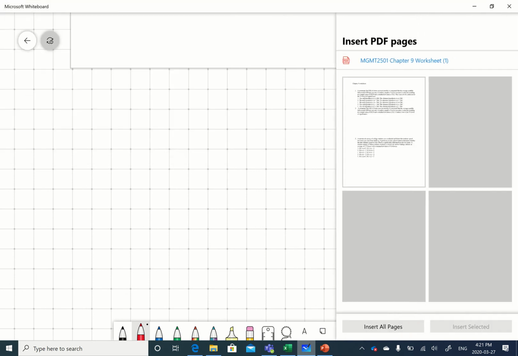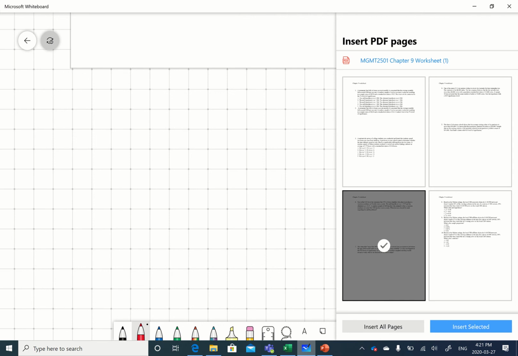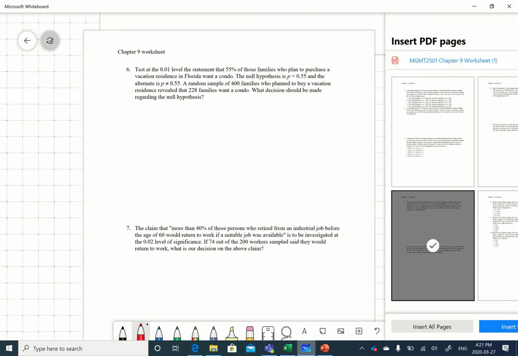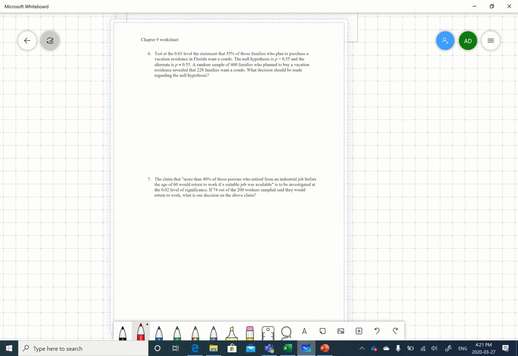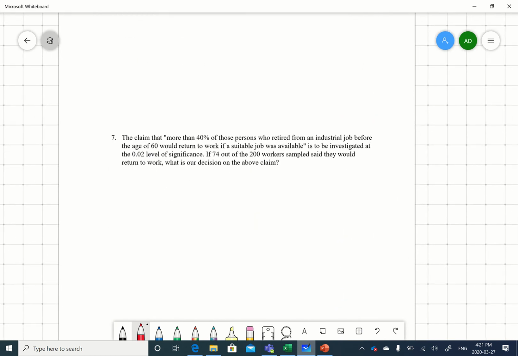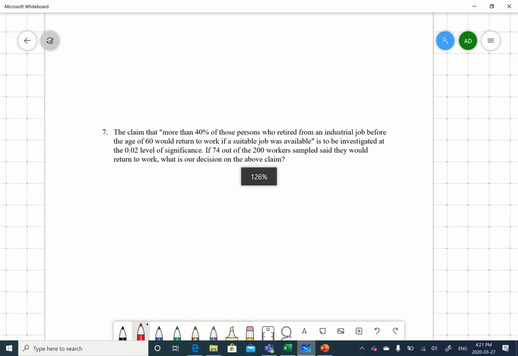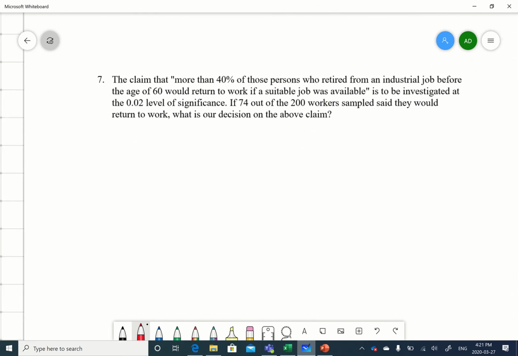Let's open it up. 3rd page. So I'm going to go through number 7.